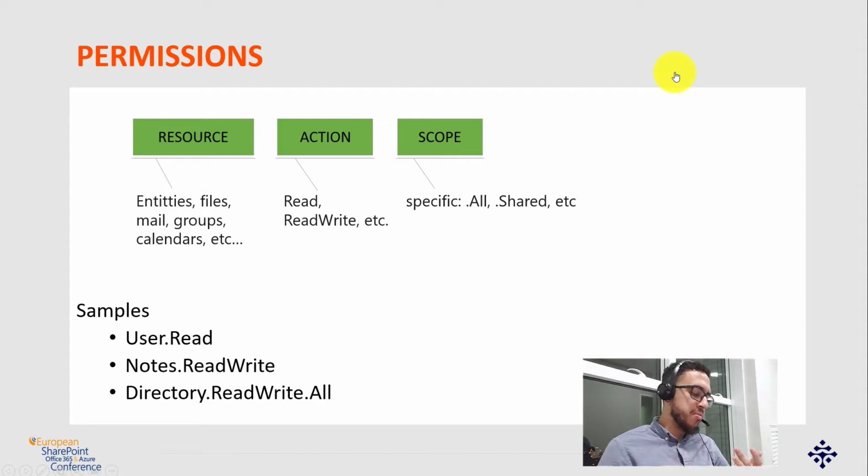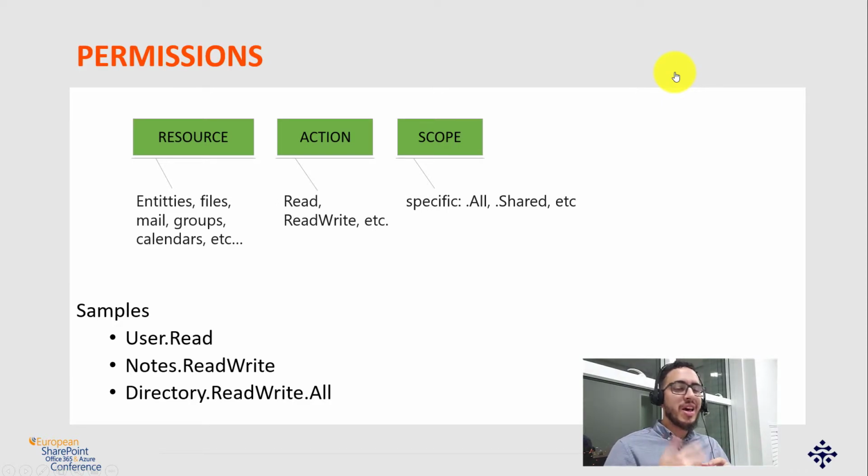So it could be mail for Outlook or for Exchange, files from SharePoint or OneDrive, the Office 365 user and groups information, so profile information, calendars, all the services that you have in Azure and Office 365 are available there. So you have Planner, you have Teams, you have a bunch of other stuff that you can ask. So the first one will be the entity, will be the resource.